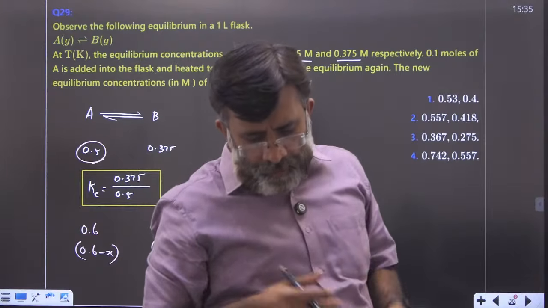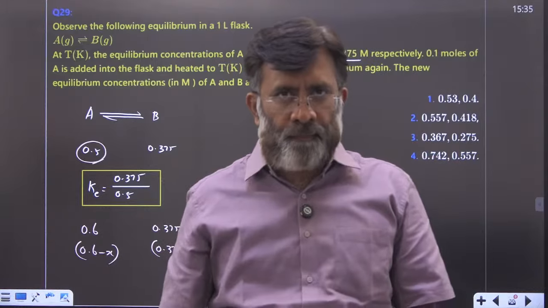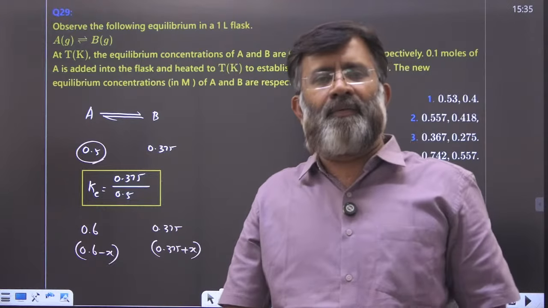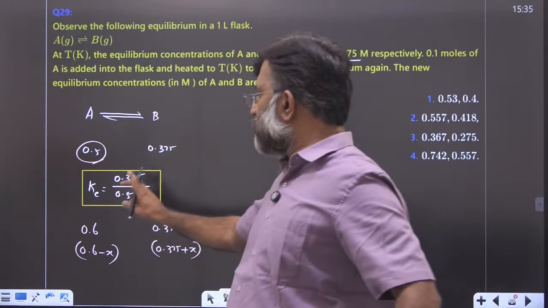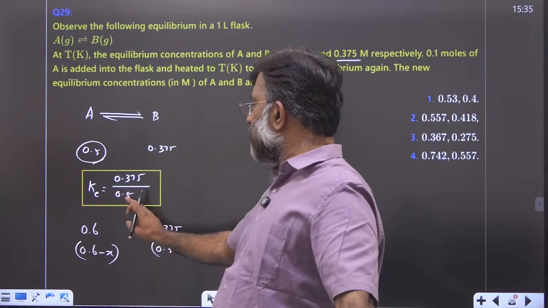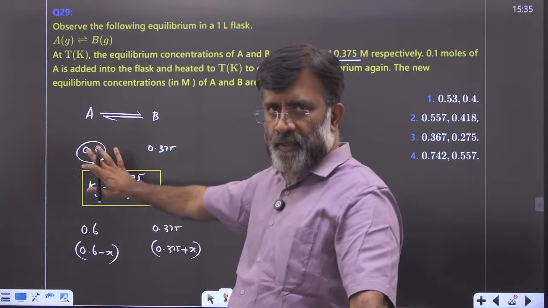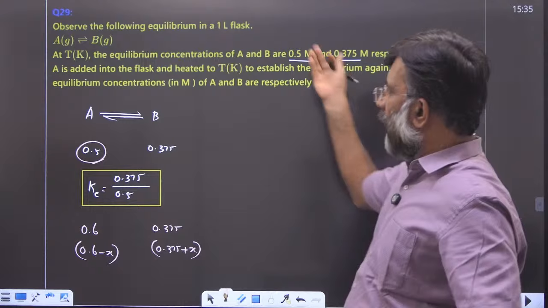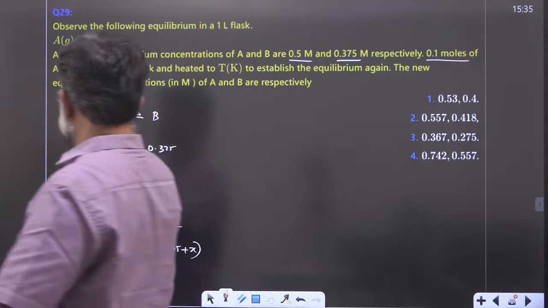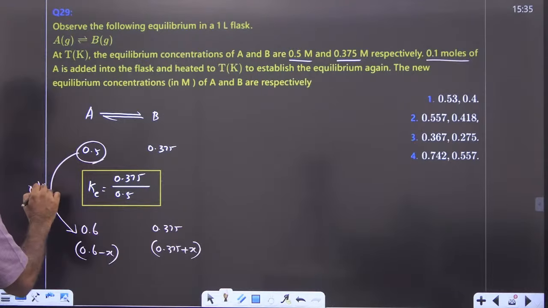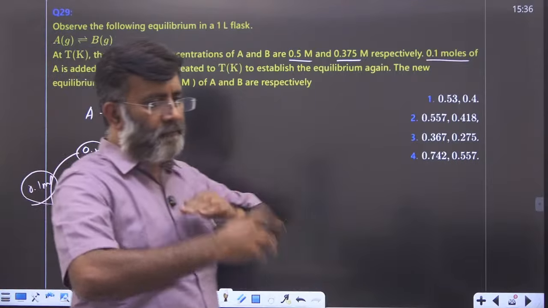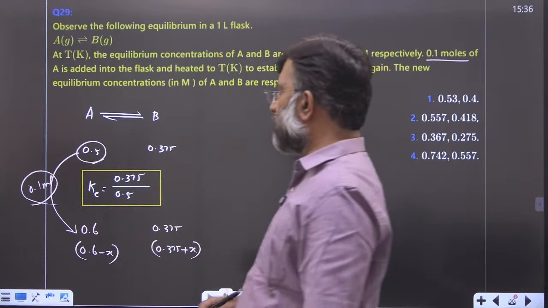So the old equilibrium: 0.5 molar A, 0.375 molar B. Find Kc. Kc equals 0.375 by 0.5. You get Kc. That is fixed. Now we add 0.1 mole A, so 0.5 plus 0.1 gives 0.6. That proceeds to further reaction. Imagine X quantity converted.